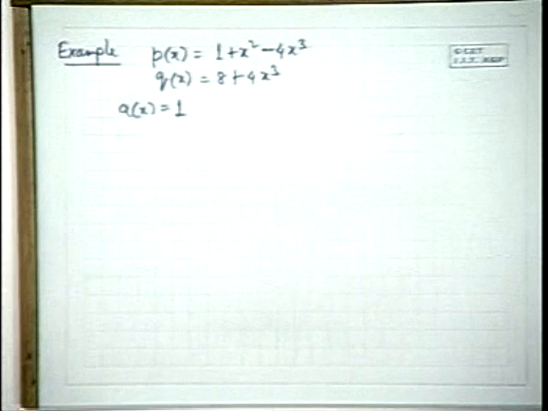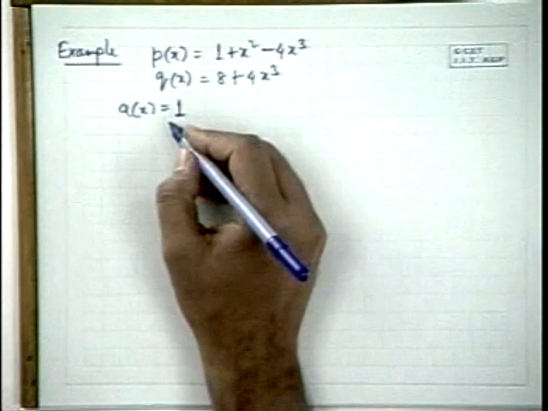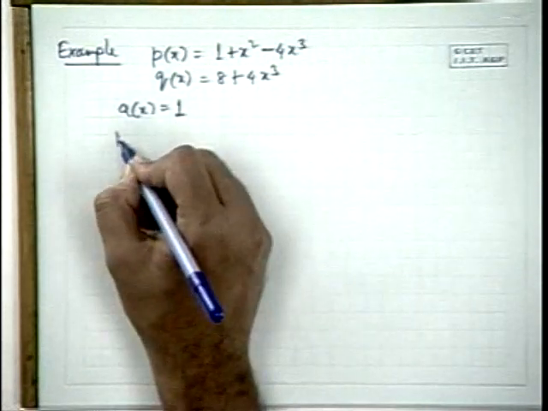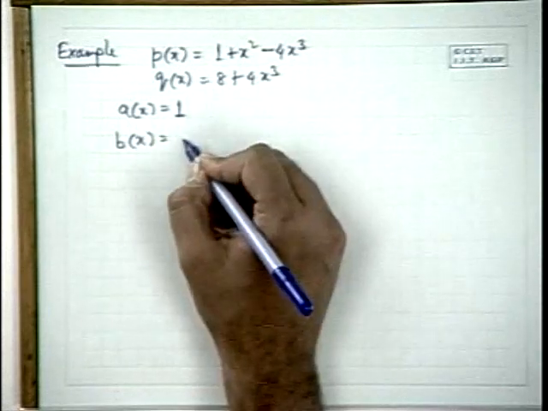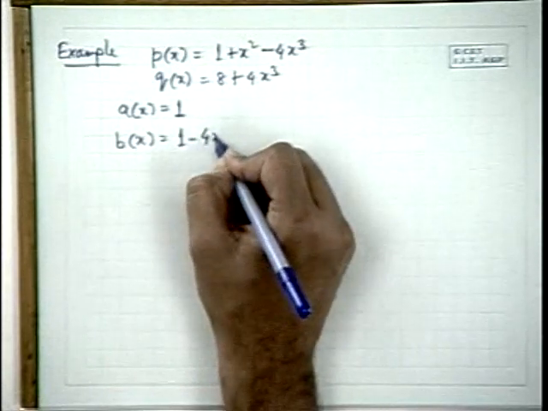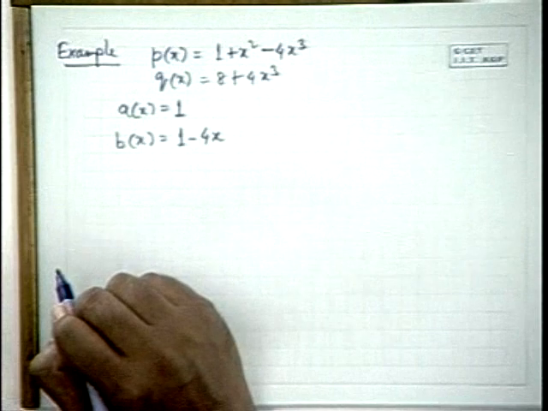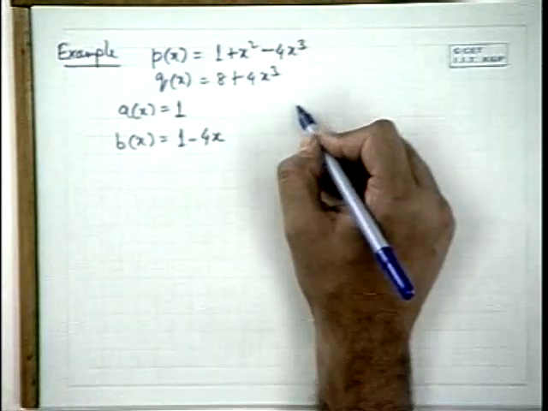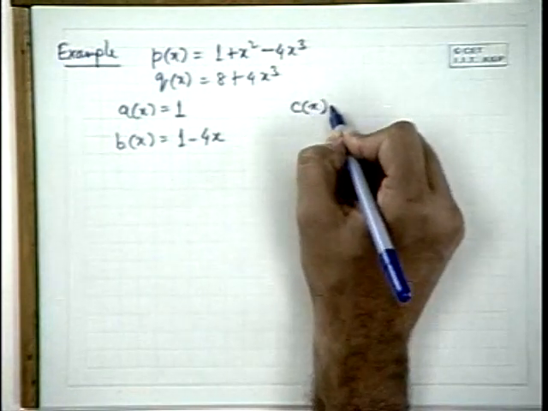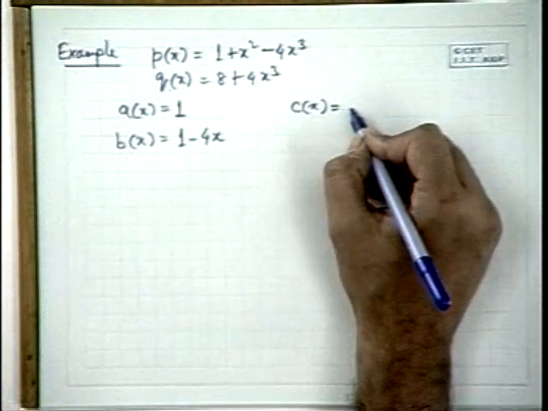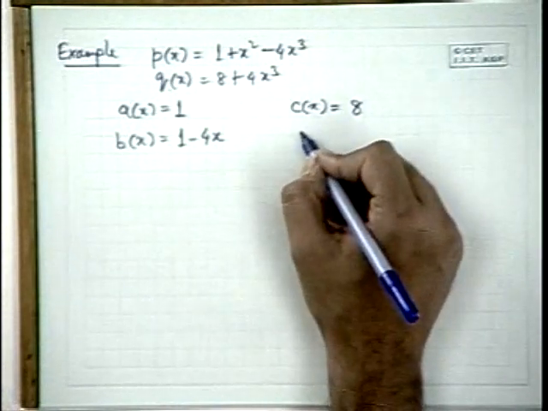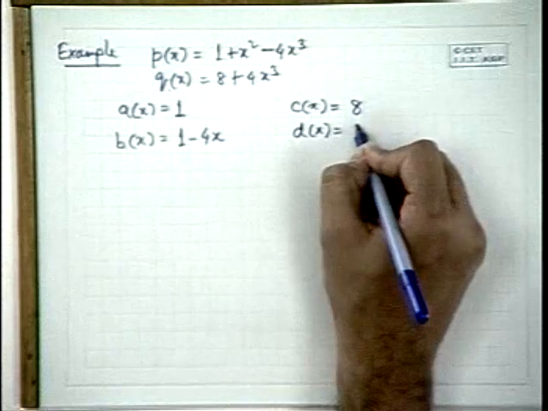So Ax will be 1. Then Bx becomes, if you go to the definition, 1 minus 4x. Cx here for Qx will be 8 and Dx will be 4x.